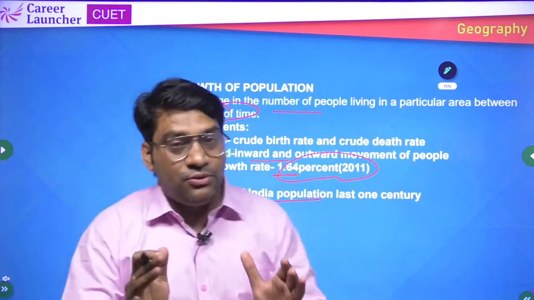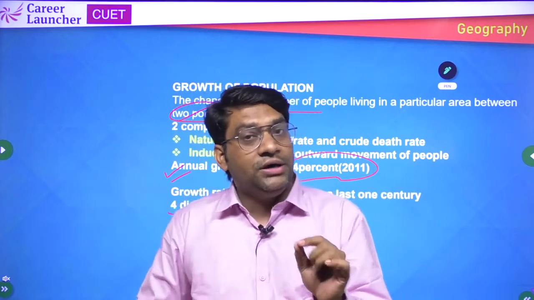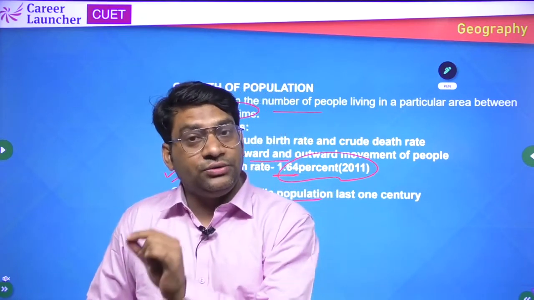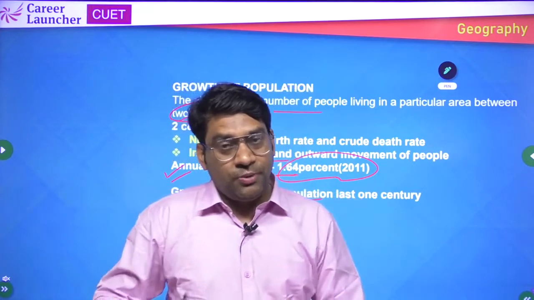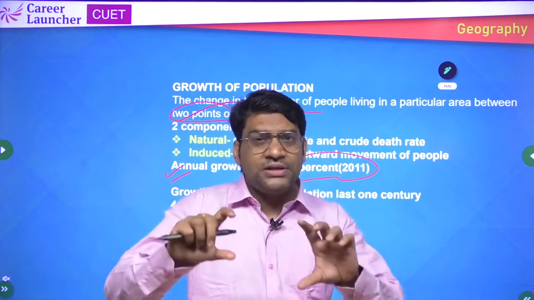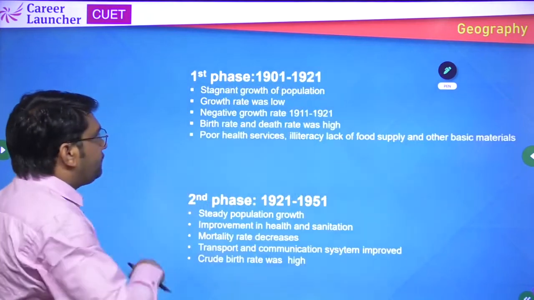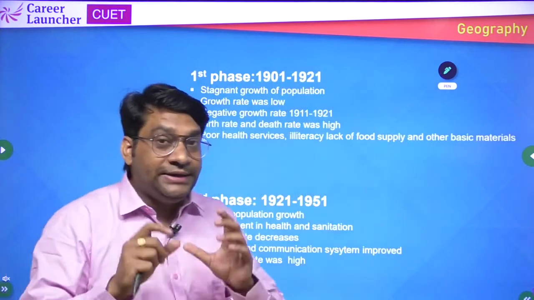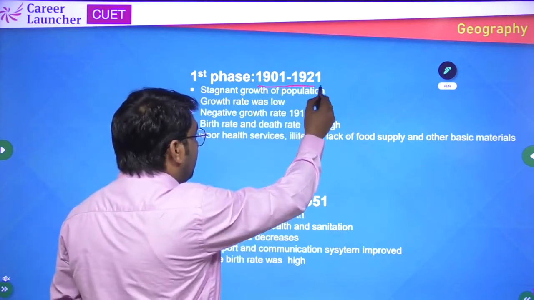Now we are going to study the last century, from 1901 to 2000, in which four phases the population of India changed. Okay, so how the changes happened every 2-3 decades and what was the reason behind the changes. Okay, let's see. The first phase starts from 1901 to 1921.